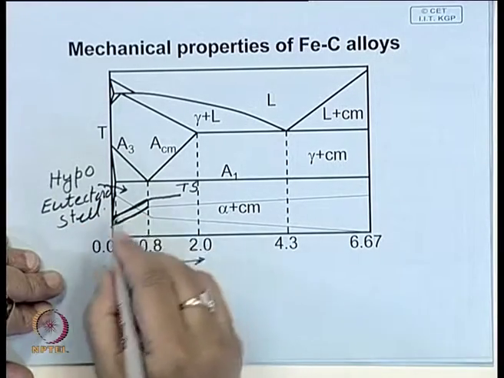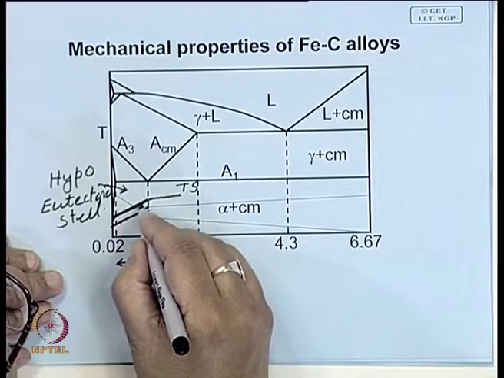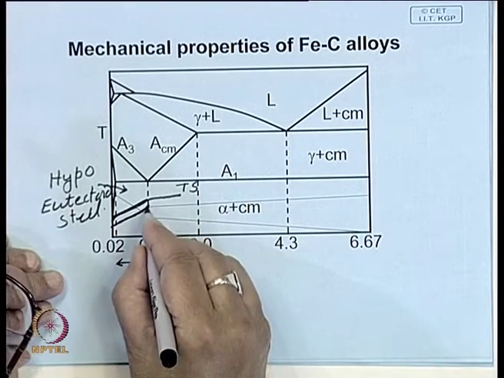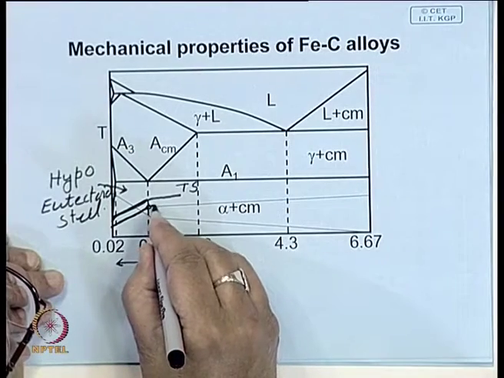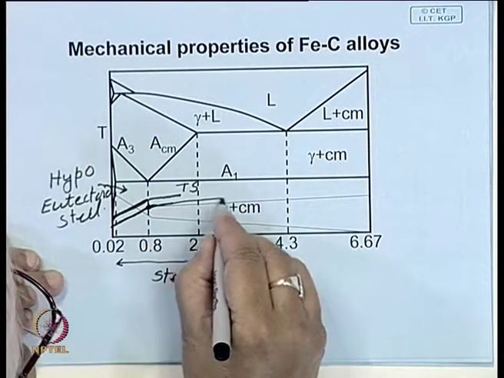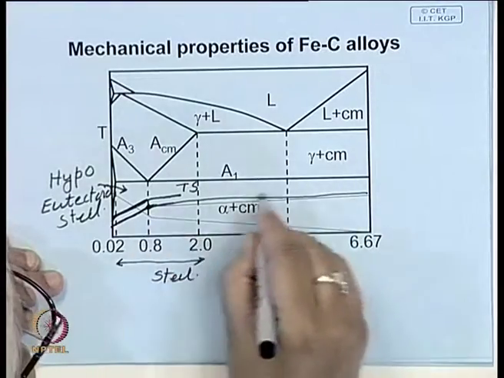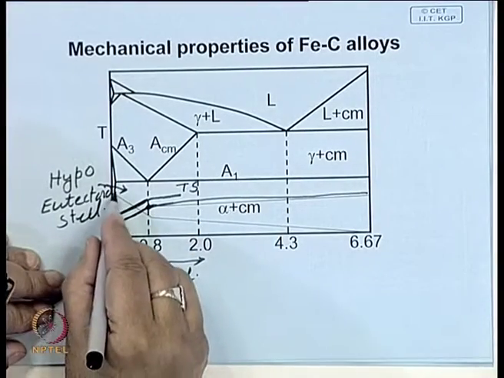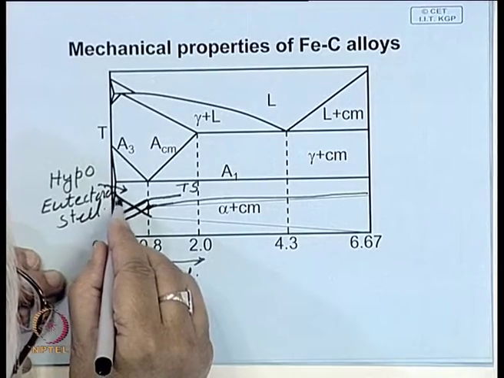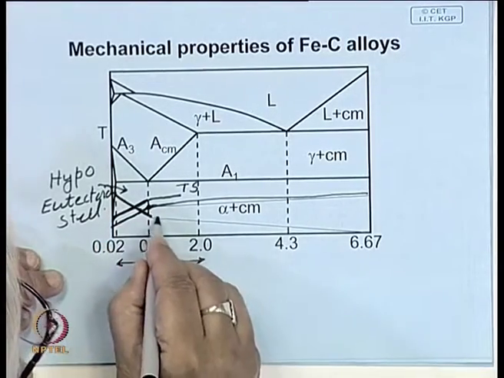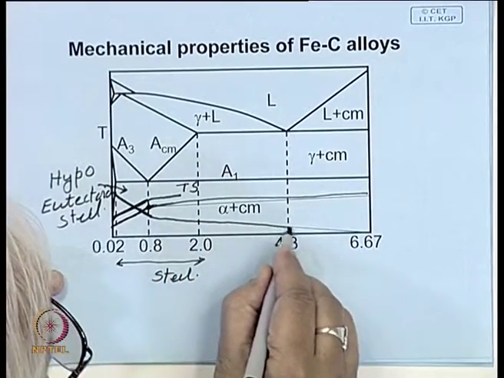So, here this portion more or less increases linearly, and cementite is quite hard, but thereafter the increase in hardness is not much, a slight increase is there, but look at the ductility. So, here as the strength increases, ductility goes down.